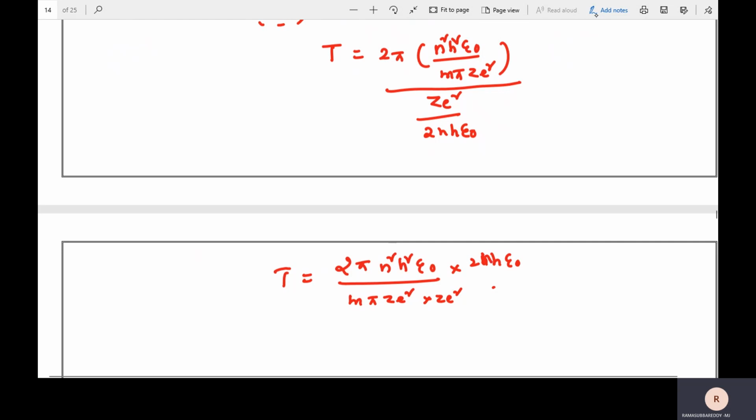So what are the cancellation terms? Pi will cancel.